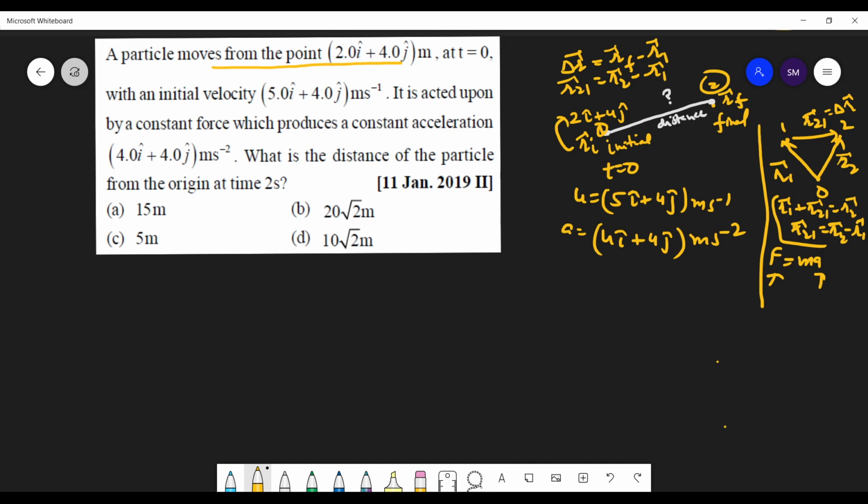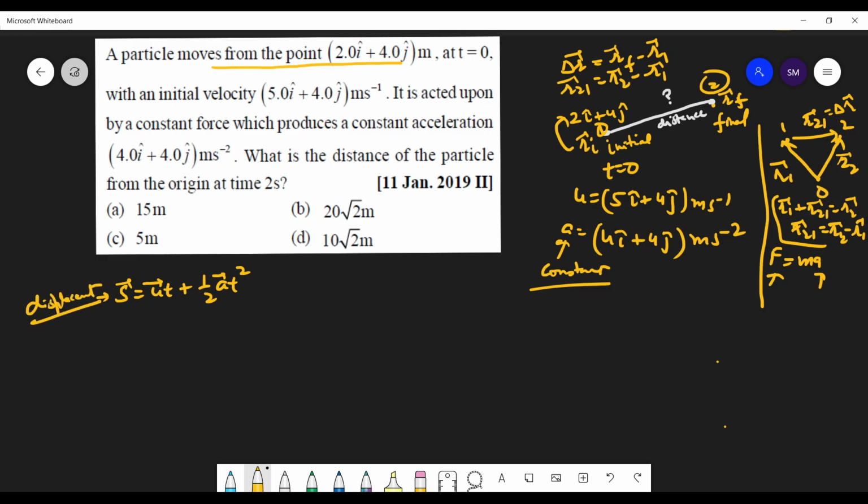So we have the equation S is equals to ut plus half at square. Because acceleration is constant, that is why we can use this equation, otherwise not. So this is your displacement.